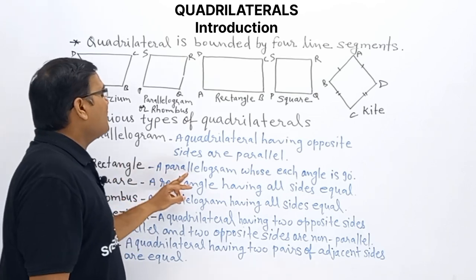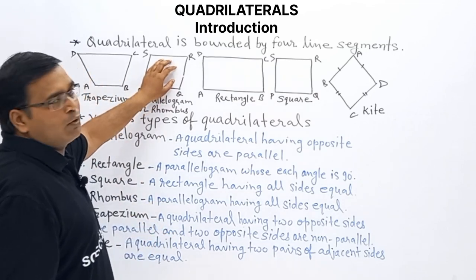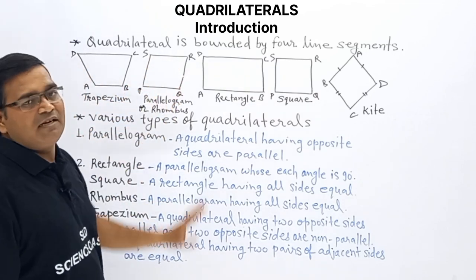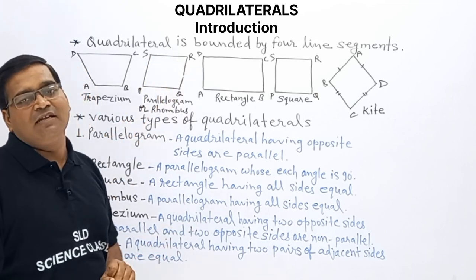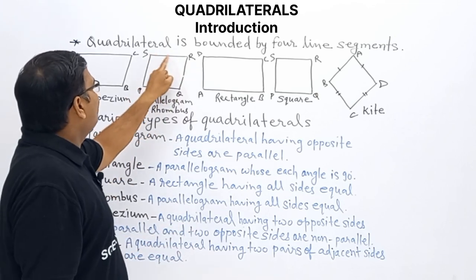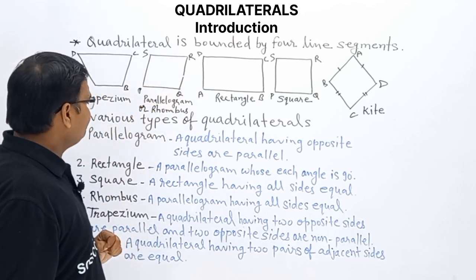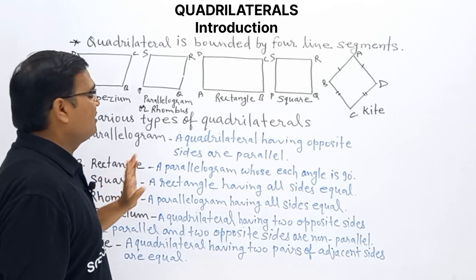So a rectangle is a parallelogram whose each angle is 90 degrees. Now this is a parallelogram, but in which the angle is not 90 degrees. But here all four angles are 90 degrees. Then what can we say? That one is a rectangle.